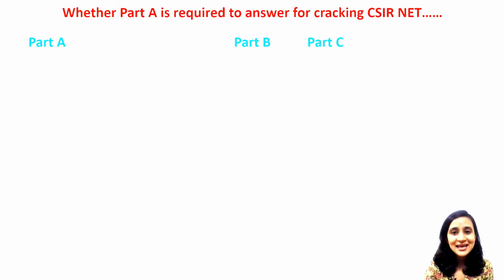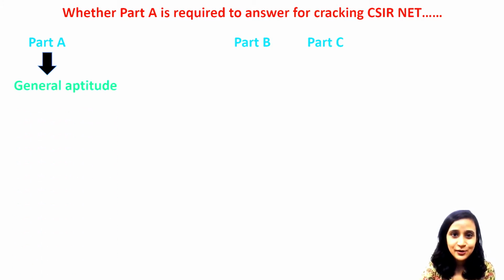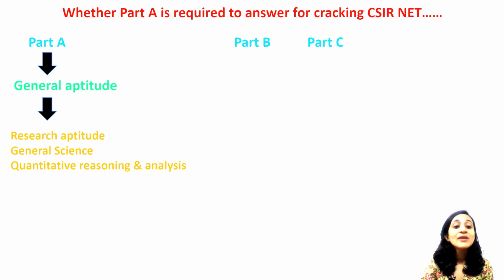It mainly includes general aptitude, and under this you will get questions regarding research aptitude, general science questions and questions regarding quantitative reasoning and analysis. And Part B and Part C basically include only life science.